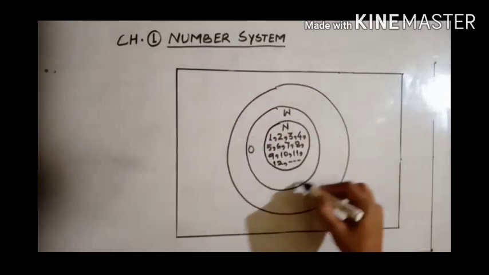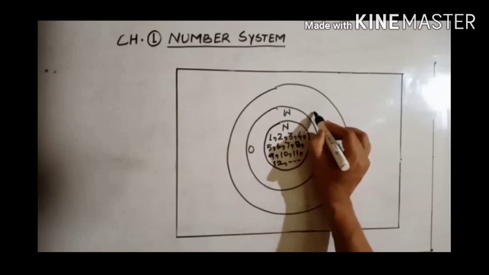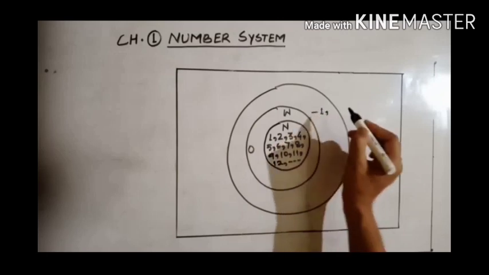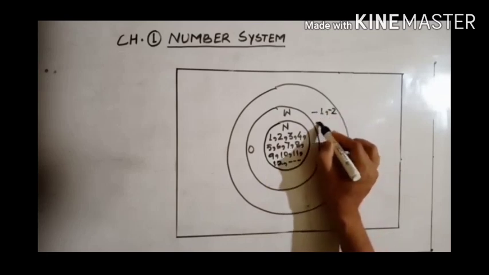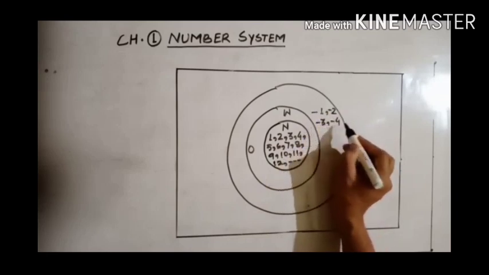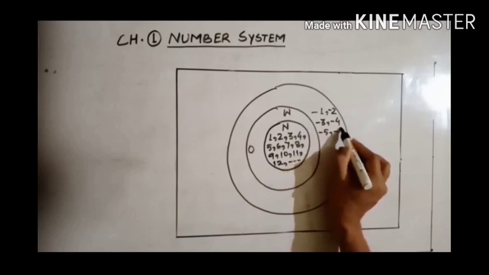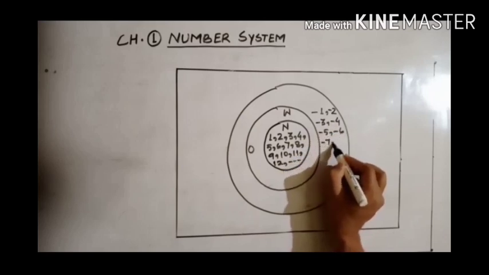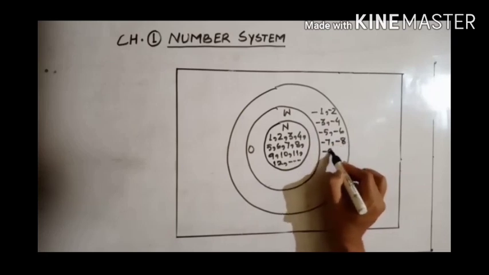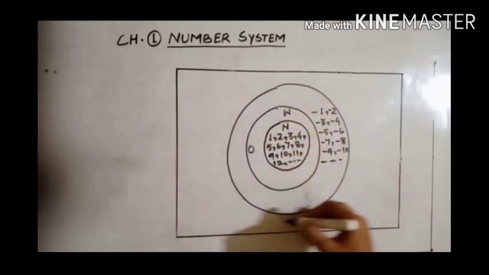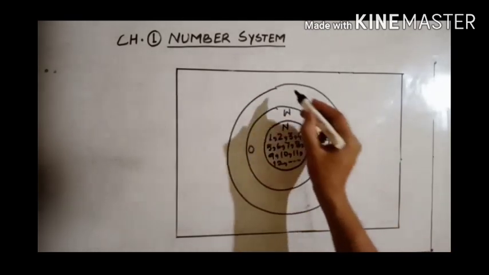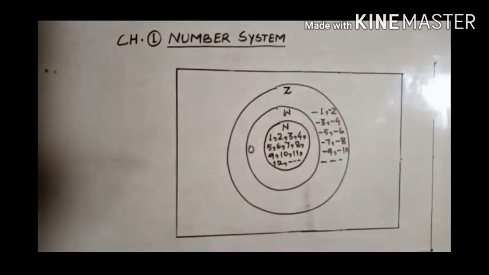So when all these whole numbers are included with negative of natural numbers like -1, -2, -3, -4, -5, -6, -7, -8, -9, -10, and so on, this forms a new set of numbers called integers, and the set of integers is represented by the capital letter Z.